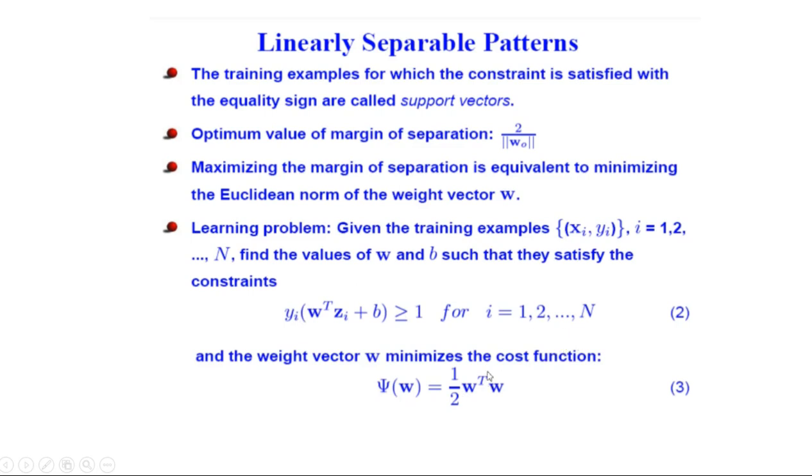Provided you satisfy this, you should minimize this cost equation. I already told you, maximizing this margin is equivalent to minimizing the Euclidean norm of the weight vector. So 1 by 2 into the Euclidean norm of the weight vector you can represent in matrix notation as W transpose into W.